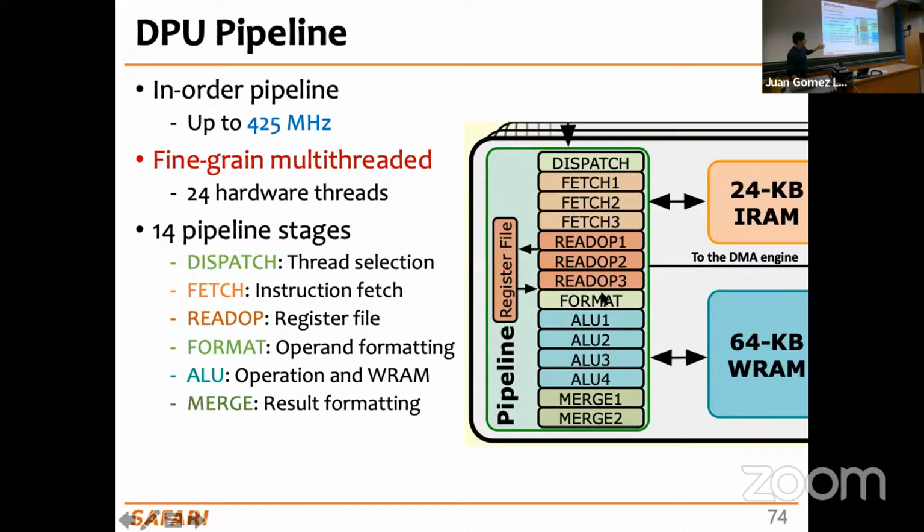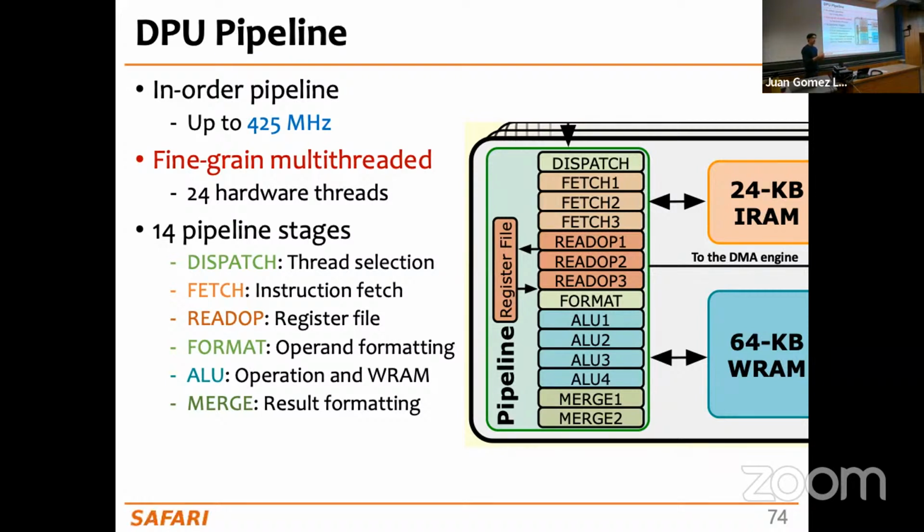We'll access registers, we'll operate using the ALUs, or maybe access data from WRAM, or write back to the register file. Every single cycle, the dispatched thread and the instruction fetched from the IRAM belong to a different thread.